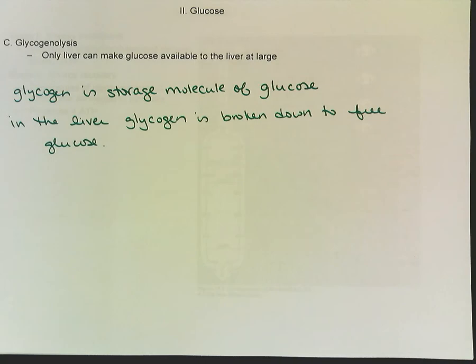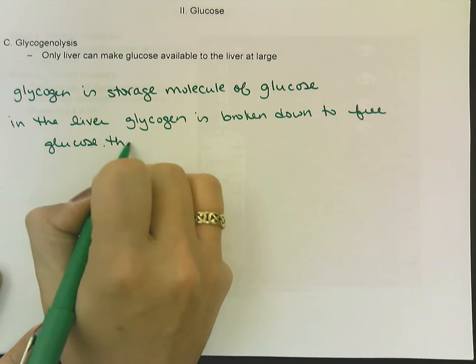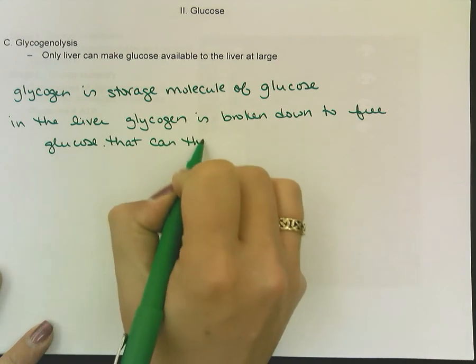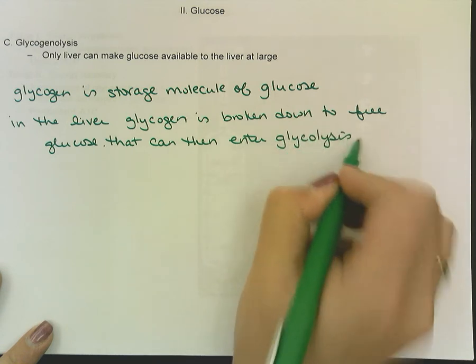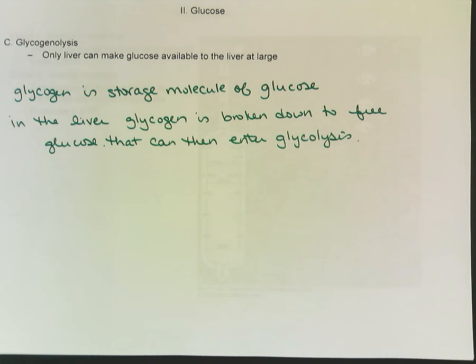In the liver, glycogen can be broken down to free glucose molecules that can then enter glycolysis. So now we have our free glucose molecule. We are ready to enter glycolysis.